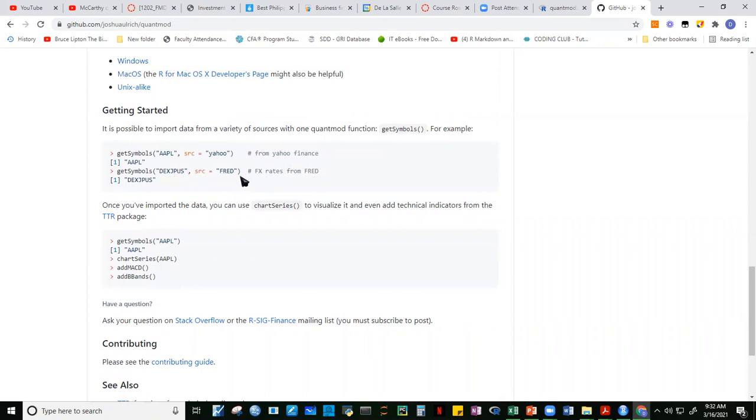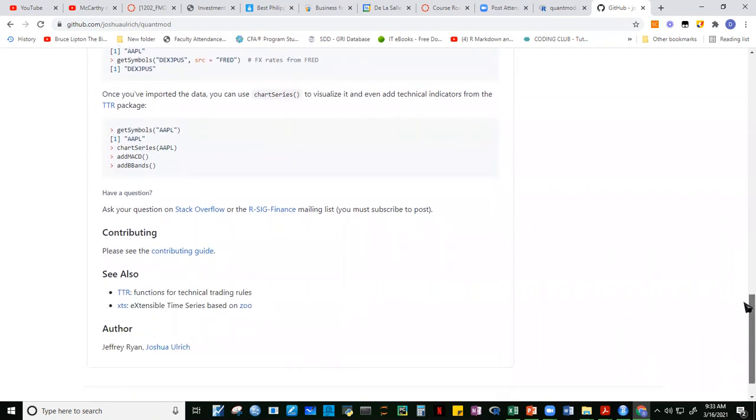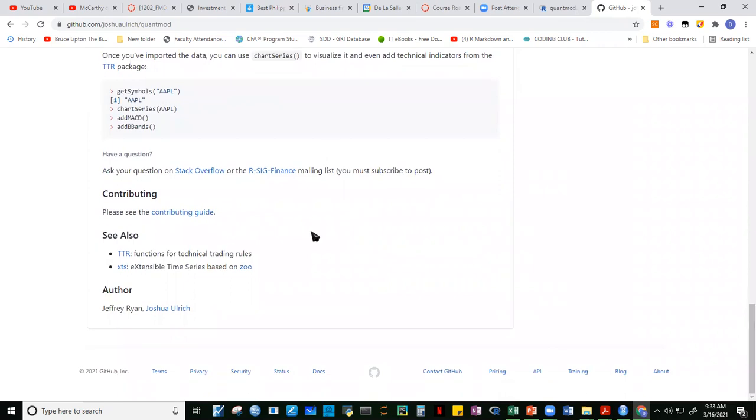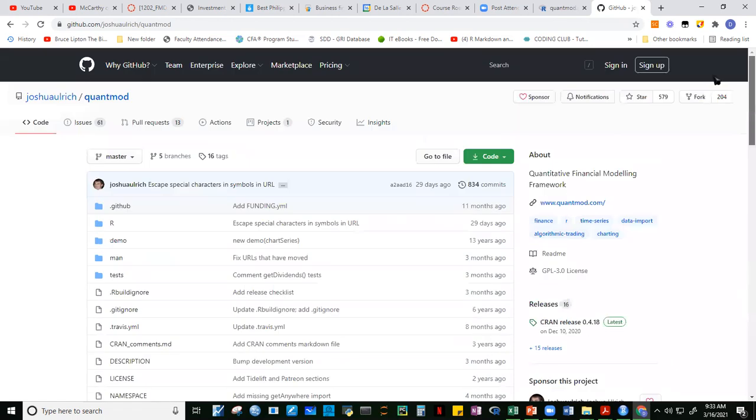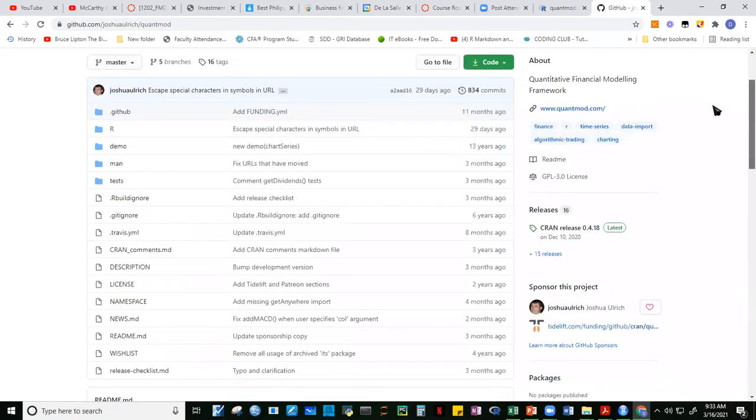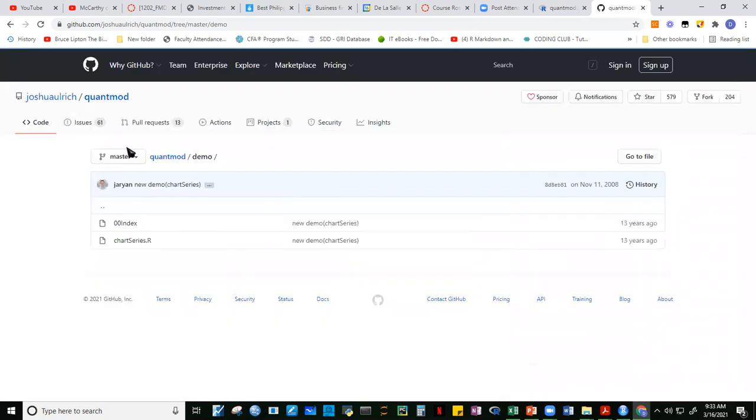This is from Fred, another source of data. So these are just a brief guide on how to use the Quantmod package. Dito yata sa demo, let's see.